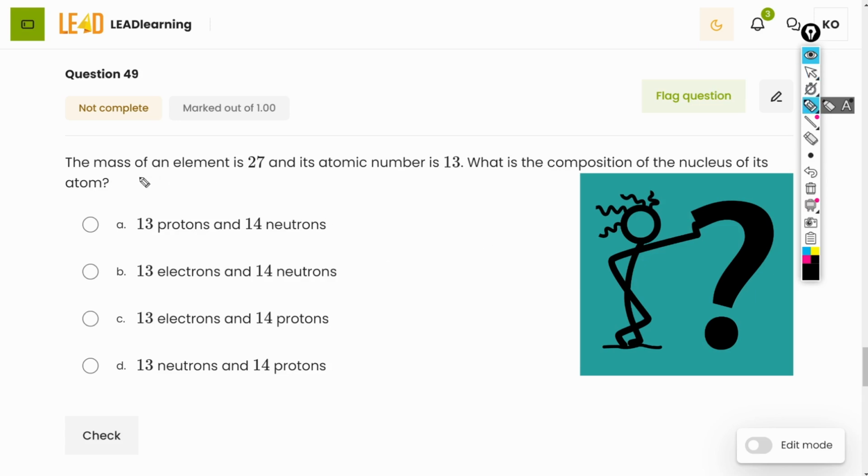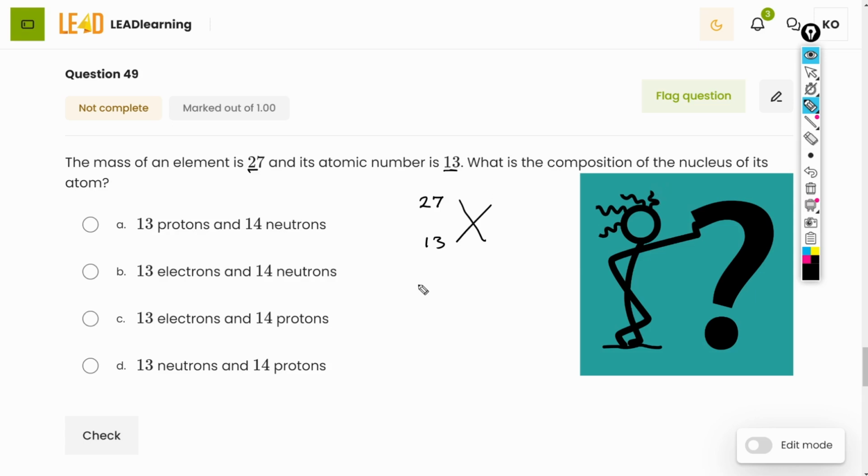Question 49. The mass of an element is 27 and its atomic number is 13. What is the composition of the nucleus of this atom? So let's pretend that the atom is represented by the symbol X. If the mass of the element is 27, the mass number is written at the top, and the atomic number, which is same as the proton number, is 13, written at the bottom, what is the composition of the nucleus?